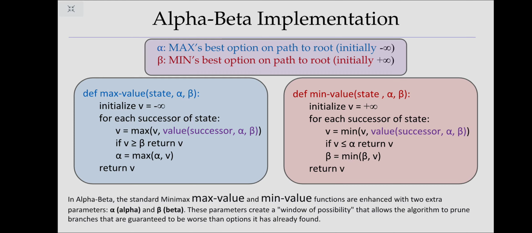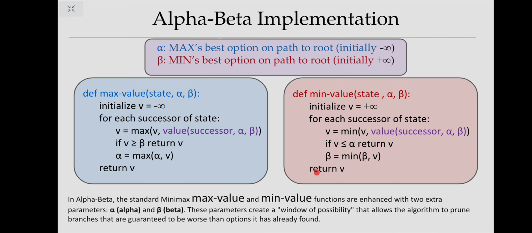And beta refers to the best option for the min player. At the first, because there is no option for the min player, we consider beta equal to positive infinity.